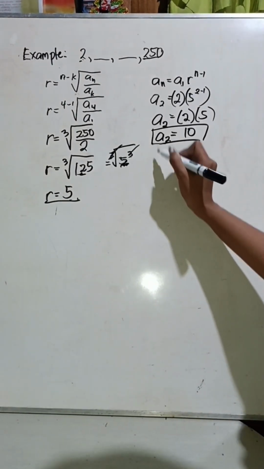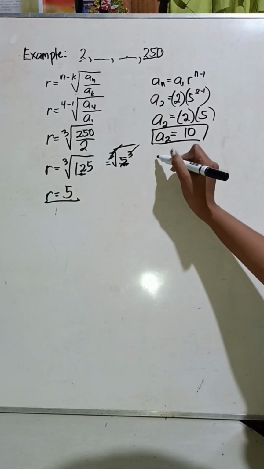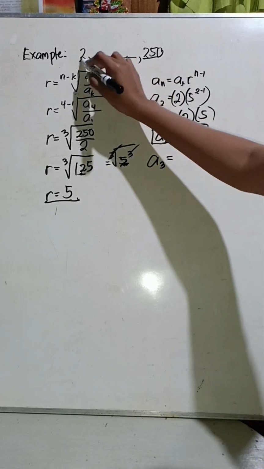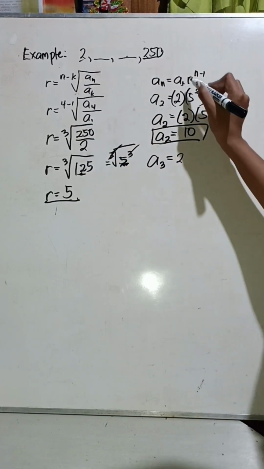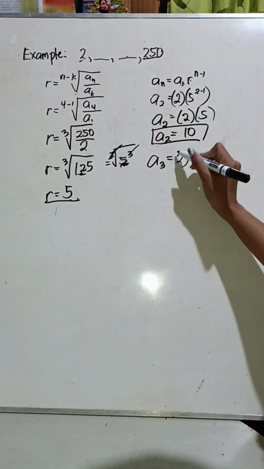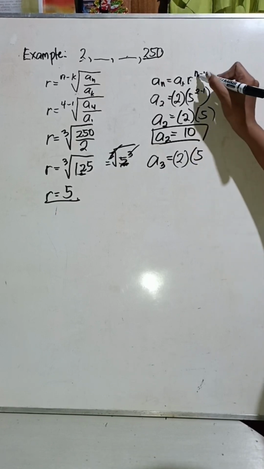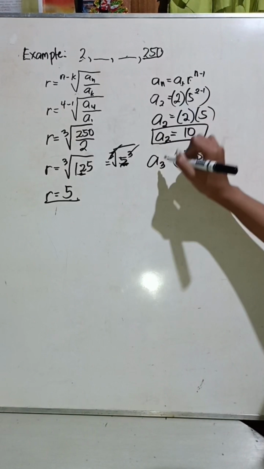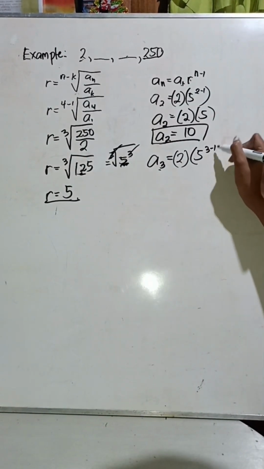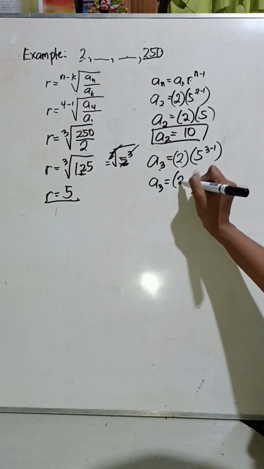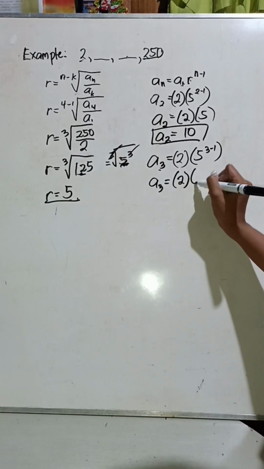Third term na po ito. Pangitaan dire. So, a sub 3. Itong a sub 1 is 2 gihapon. Atong r is 5. Atong n is 3 gihapon. So, 3 minus 1. A sub 3 is equals to, copy ang 2 times 5.